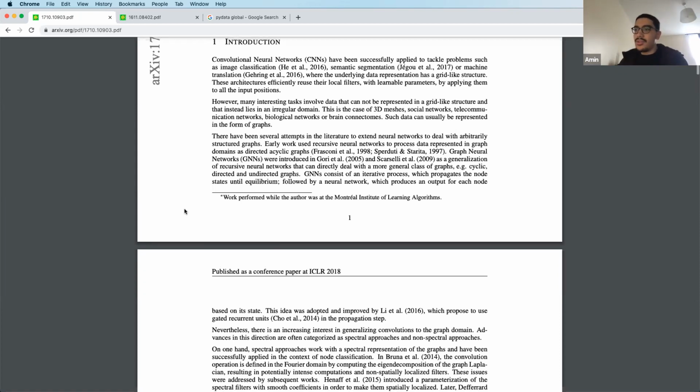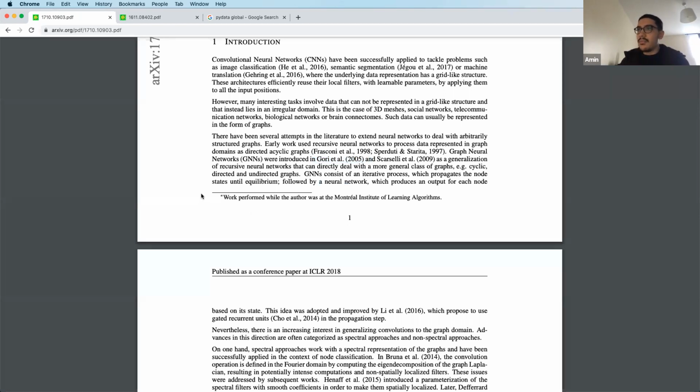So the issue with this, as it pertains to this paper, is that first of all, a propagation function like that, which reaches an equilibrium, relies on some assumptions. I think in this paper from 2005, they use the Banach fixed point theorem. So it relies on assumptions that aren't generally satisfied.